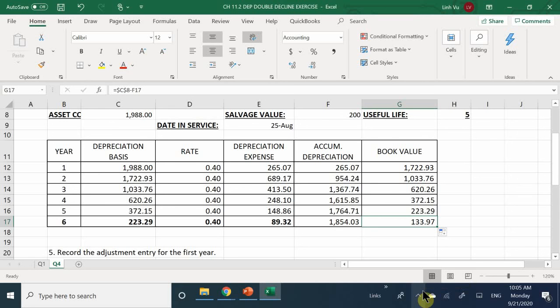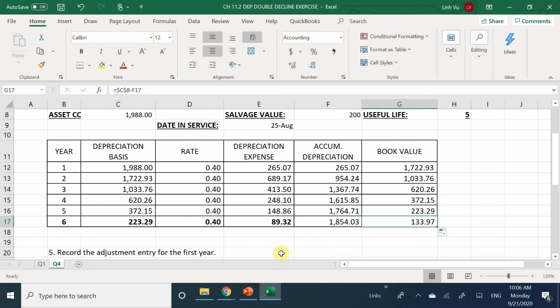Well, real quick, Lynn, that's off by a penny. I'm not sure if that matters. It's supposed to be 1854.02. Depreciation is off by a penny. You got 71 plus 32?